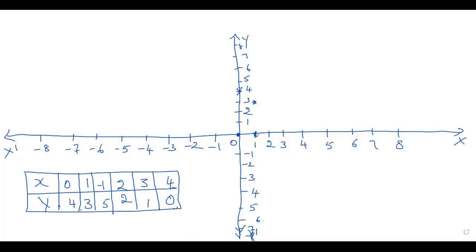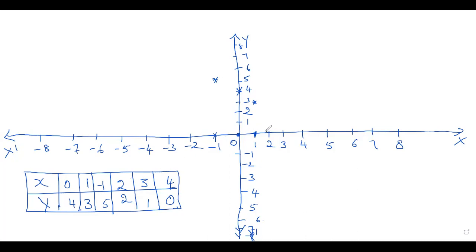Next, -1, 5. So x is -1. Where is -1? It is towards x dash, right? It is here, -1, 5. Plus 5 means go above the origin. So it is here, right? Plus 5. Next, 2, 2.